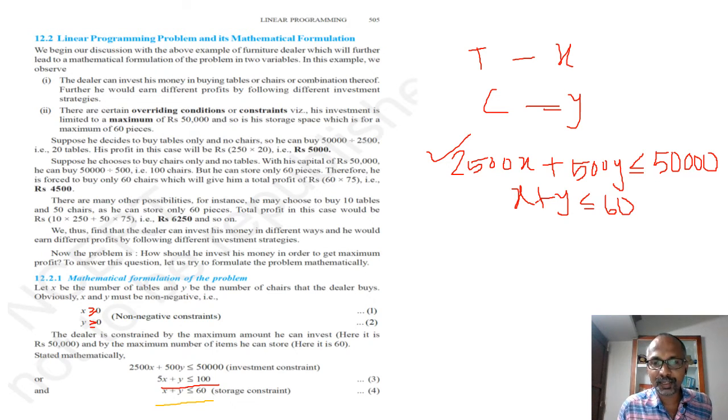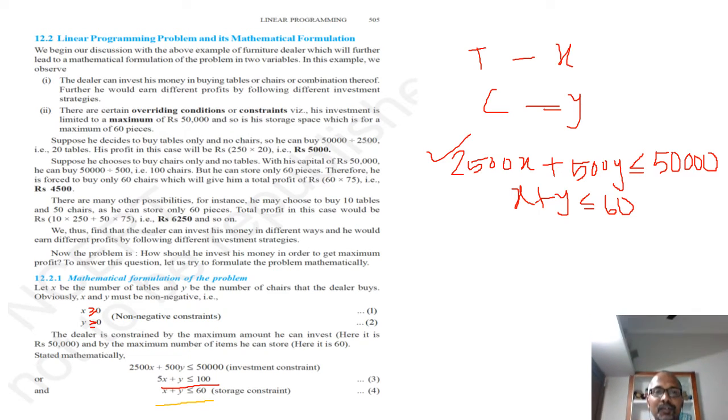In order to distinguish between these restrictions, which we call overriding conditions or constraints, we usually name them: investment constraint, that is up to you, and storage constraint, etc.